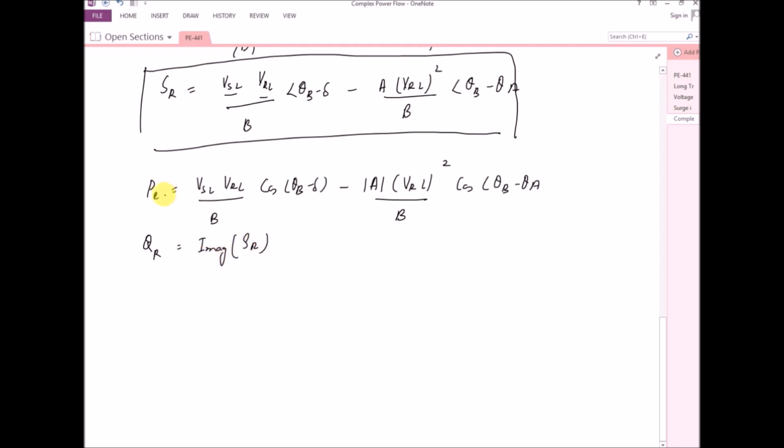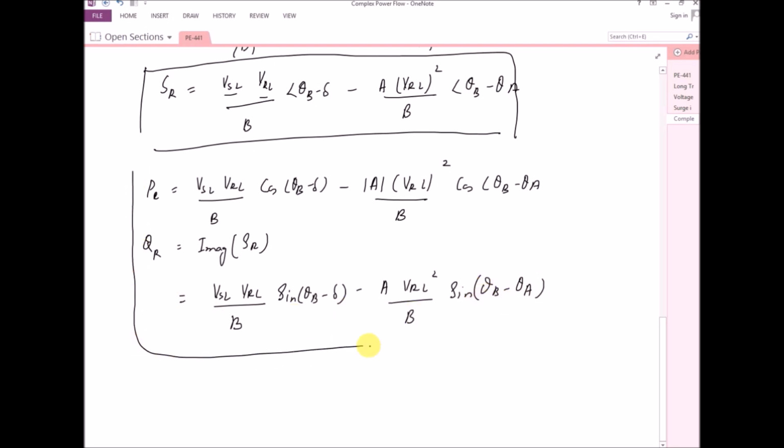So it will become VSL VRL over B sine theta B minus delta minus A VRL square over B sine theta B minus theta A. So these are your real and reactive power for the receiving end in the transmission line.